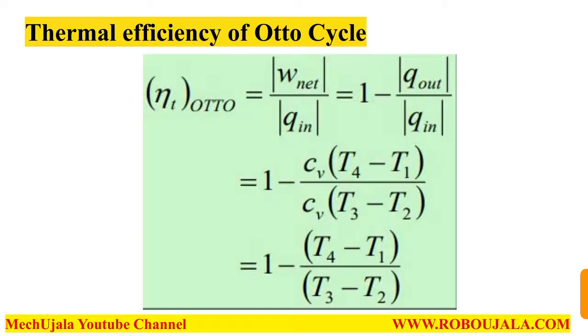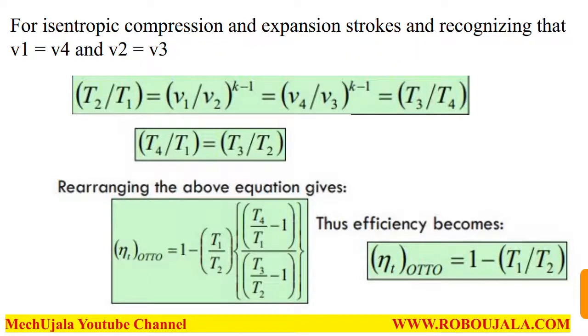Now if we take T1 common from here and T2 common from here, for isentropic compression and expansion strokes, and recognizing that volume at point 1 and point 4 is same, and volume at point 2 and point 3 are same, because these are the constant volume processes.